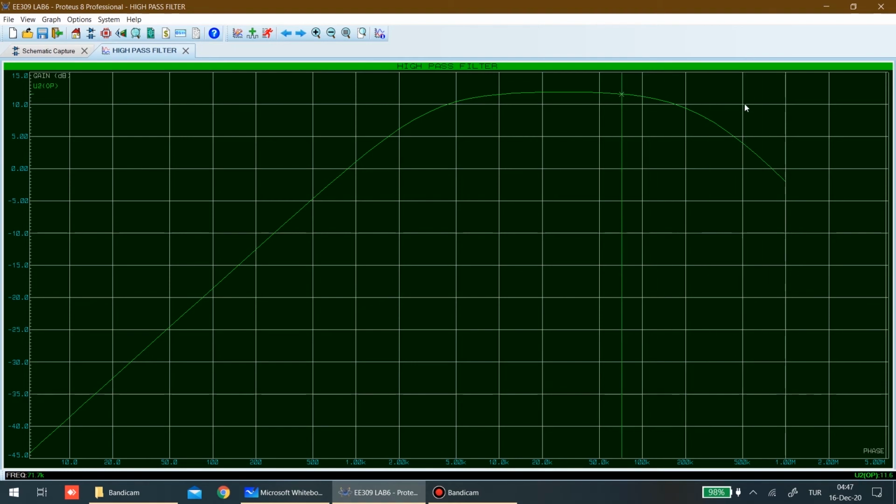So this region is not desired. For the LM741 op-amp, Proteus says that if you apply more than 50 kilohertz, the gain will dramatically decrease.